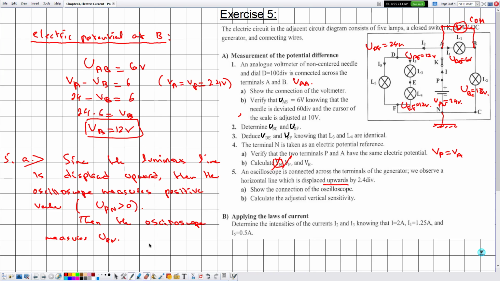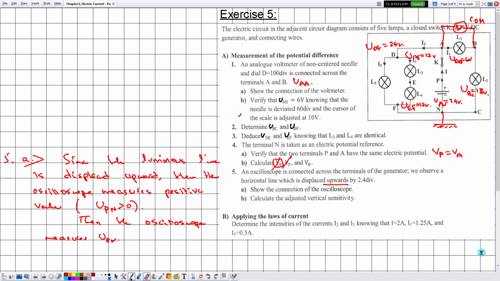So calculate the adjusted vertical sensitivity knowing the number of divisions, and we know the voltage UPN.